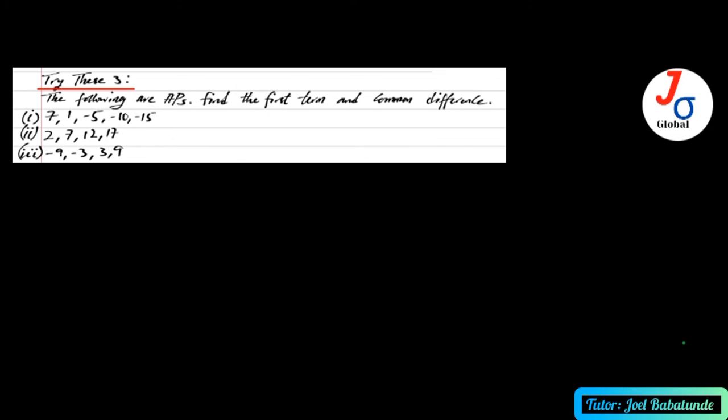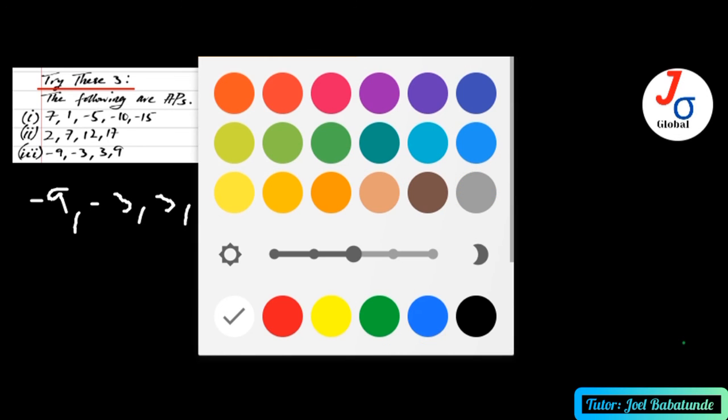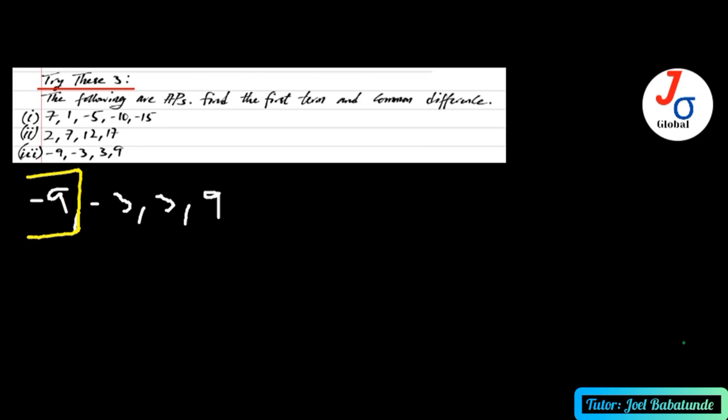All right, so let's take the last one: minus 9, then minus 3, then 3, then 9. So what exactly is the first term? That's the first number that shows up, so you have A equals minus 9. So what then is the common difference? The common difference becomes minus 3 minus minus 9.